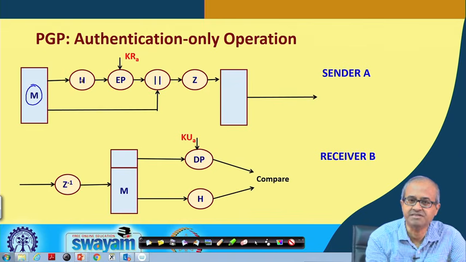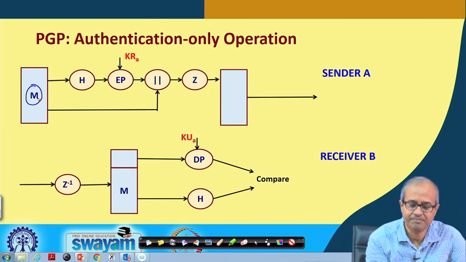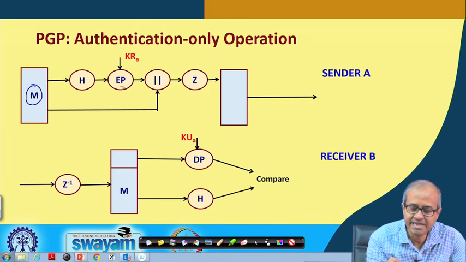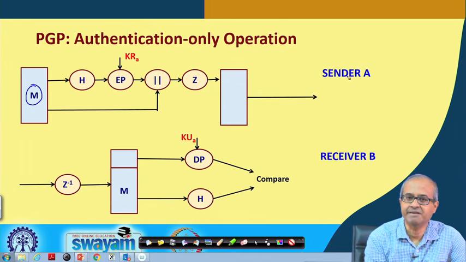H is a hash function, a cryptographic hash you have studied, SHA-1, MD5, so many methods are there. So, it applies a hash on the message, and EP is an encryption process, it encrypts the hash value using KRA, meaning the private key of sender A.